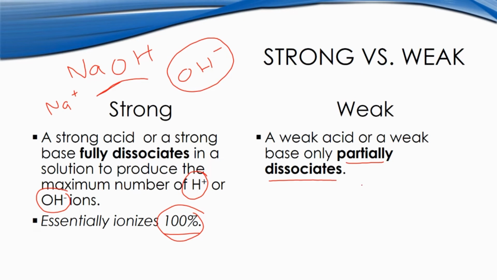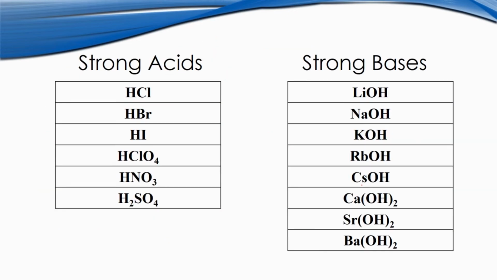Now, honestly, there's no other way that we can learn about this other than have a reference sheet that has a list of the strong ones, because the list of strong ones is way shorter than the list of the weak ones. So really, we just focus on the strong ones. As long as you have that list, which is right here on screen, you are good to go. This is not every single strong acid and every single strong base in existence.